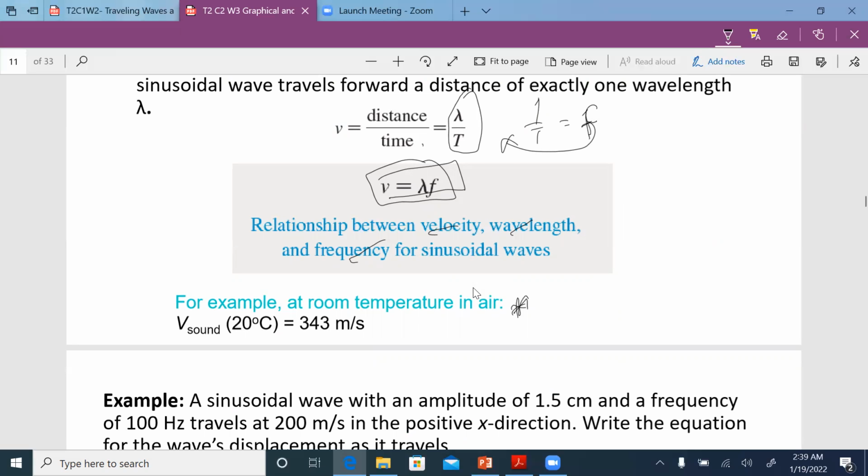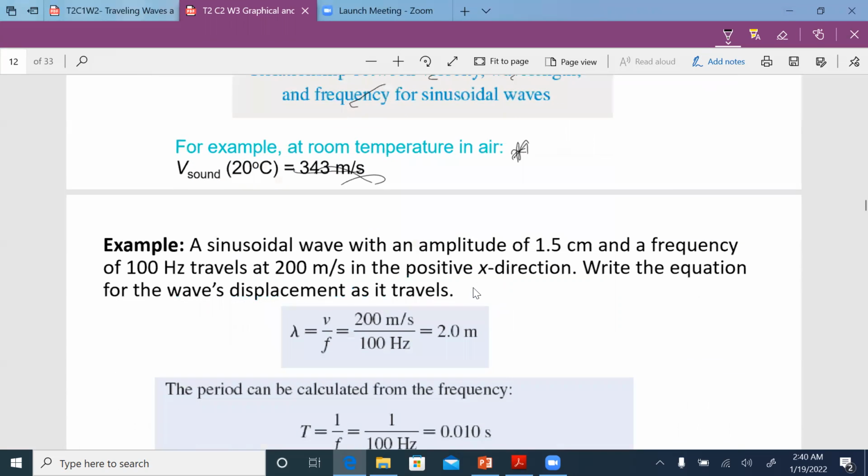An example, at room temperature in air, the velocity of sound is given as 343 meters per second. Okay. So we'll look at another example.